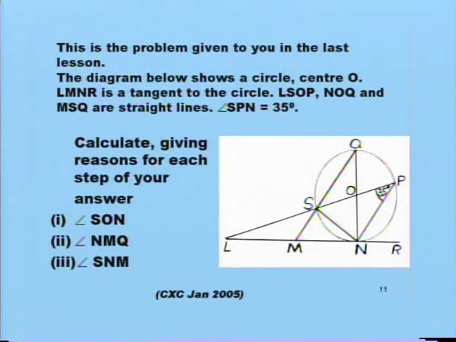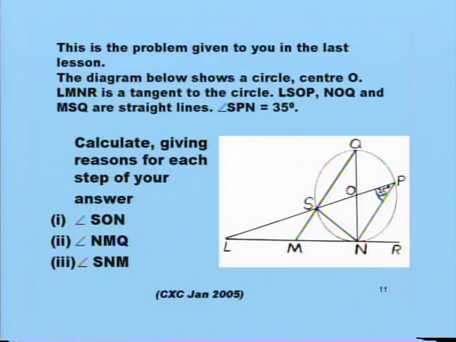This is the problem given to you in the last lesson. The diagram below shows a circle, center O. LMNR is a tangent to the circle. LSOP, NOQ, and MSQ are straight lines.